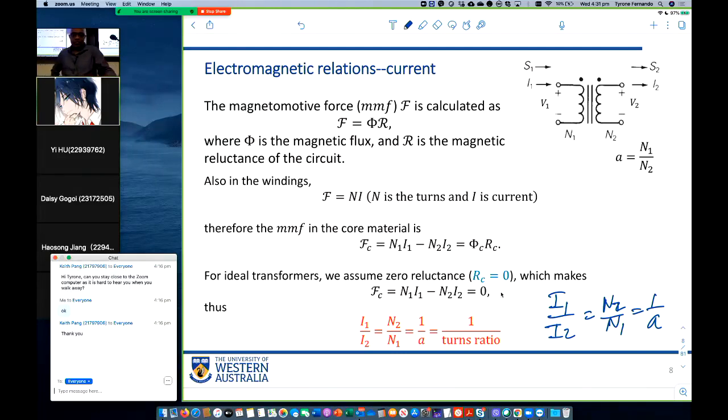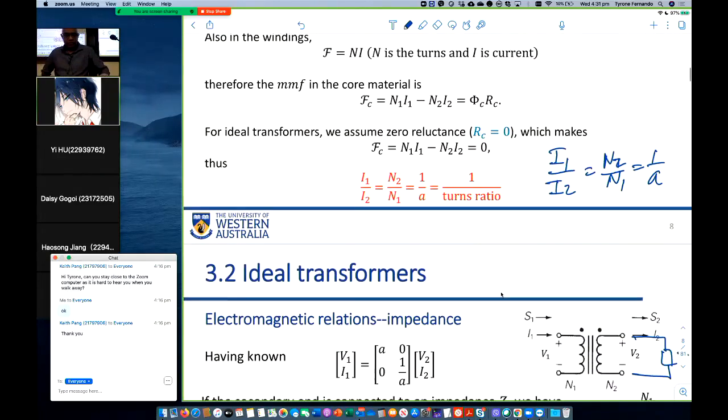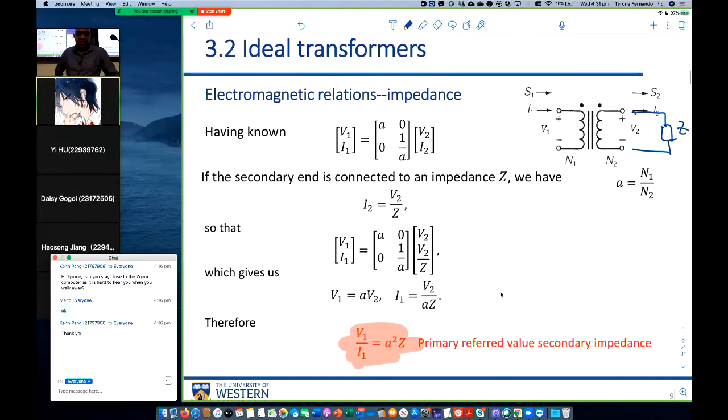So we have this equation: V1 must equal the turns ratio times V2. We've derived that equation, right? So V1 equals A times V2. We can see in that matrix equation that's what it is. And we have I1 equal to 1 on A times I2, because I1 on I2 equals the inverse of the turns ratio.